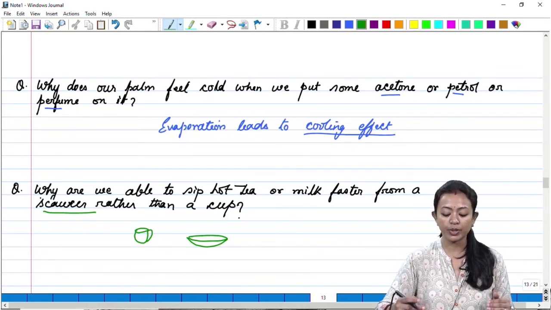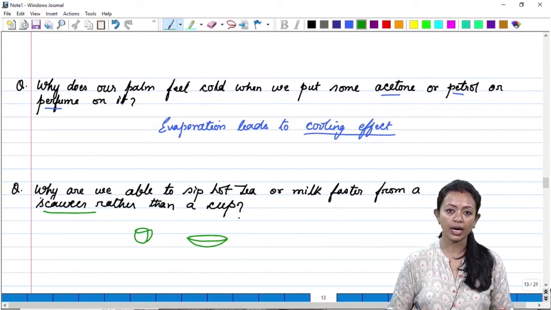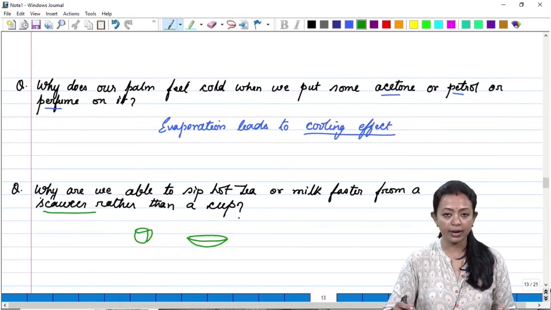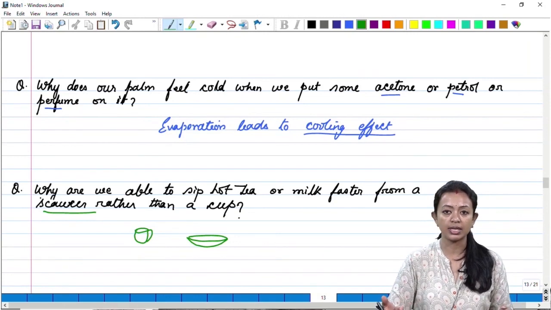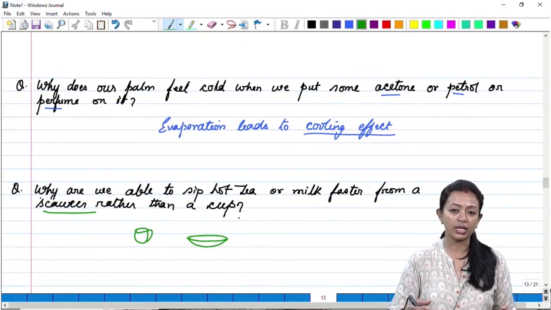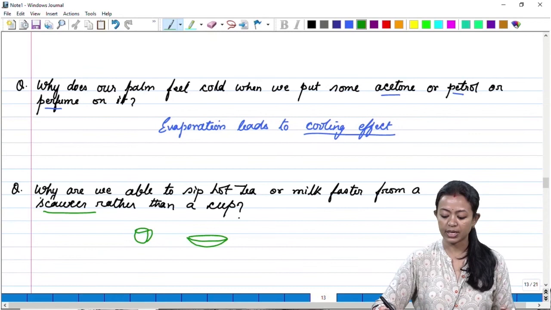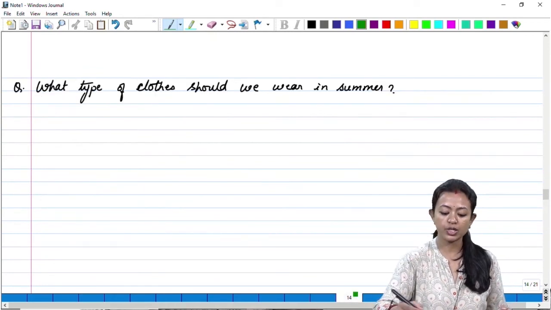So the liquid on the saucer would be cooler faster in comparison to the cup. That's why we are able to sip hot tea or milk which is placed on a saucer rather than in a cup.